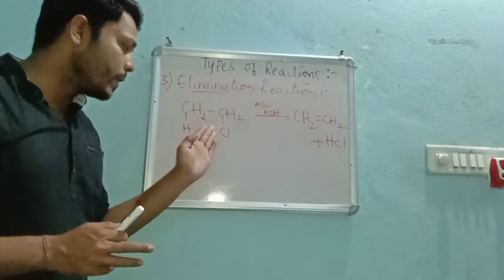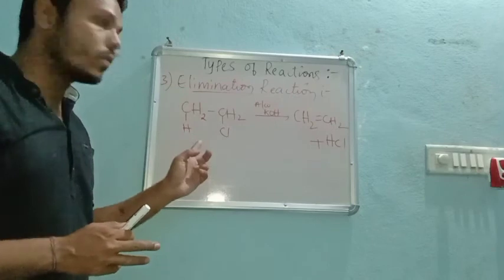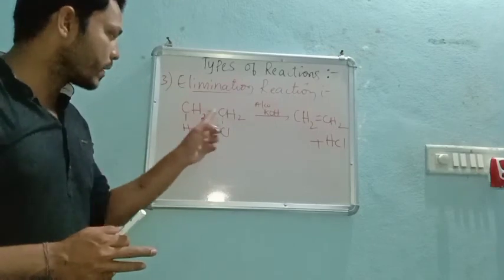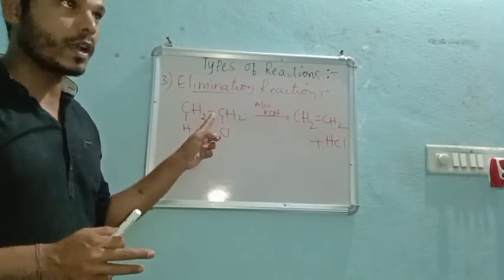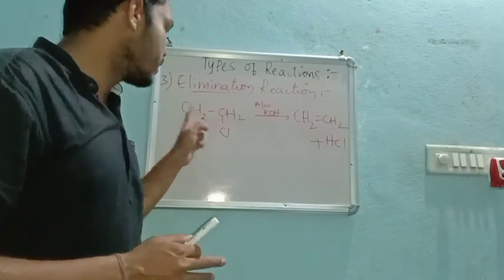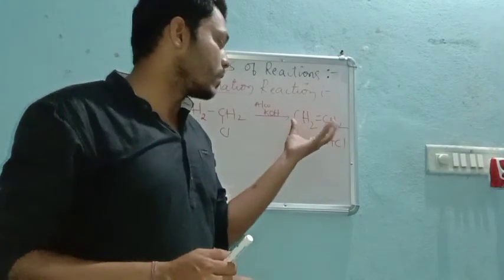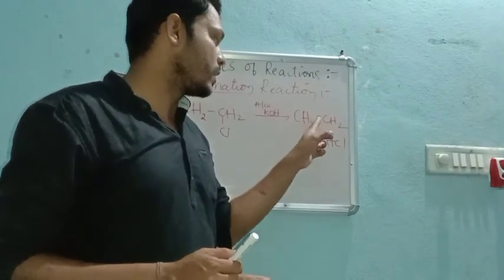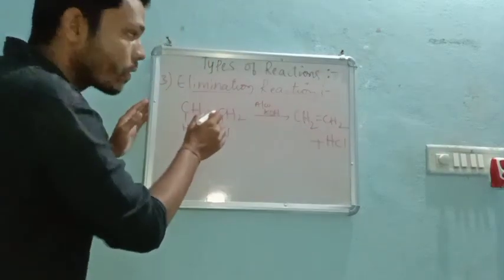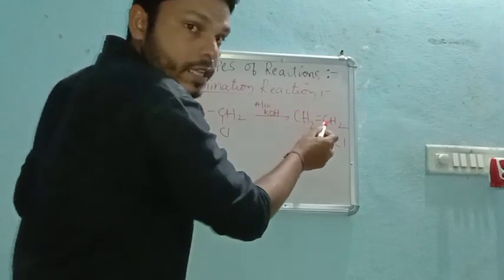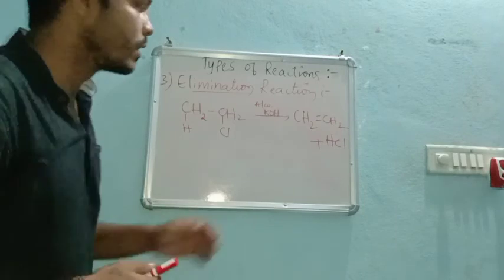Before eliminating these compounds, what was the condition of this compound? In between carbon and carbon there is a single bond, so that means a saturated hydrocarbon. And now after removing these two, what is the condition? There is a double bond. That means the saturated hydrocarbon is converted into an unsaturated hydrocarbon. Our single-bonded compound is converted into a double-bonded compound.